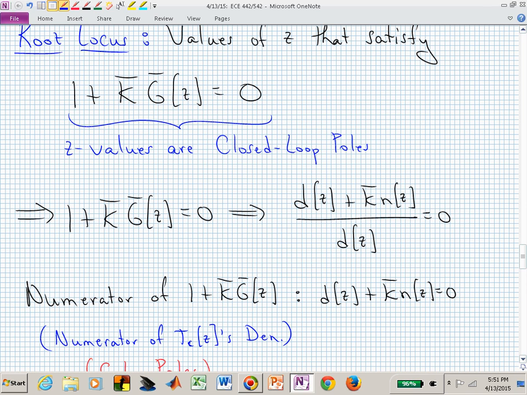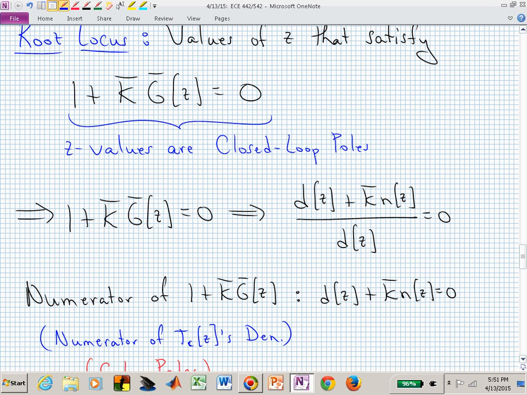That's really what you're looking at, d of z plus k bar n of z. If you now set k bar equal to 0, what values of z satisfy that equation? The roots of d, which are your open loop poles.